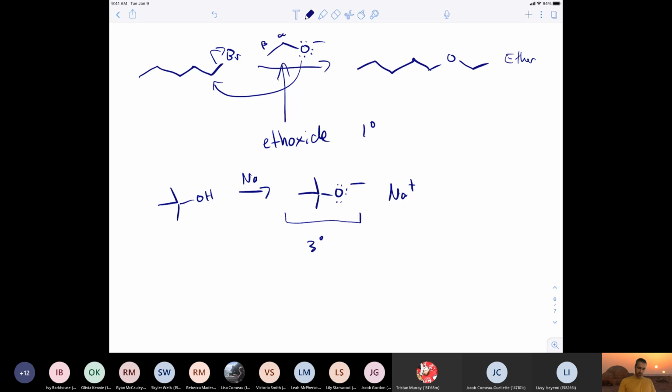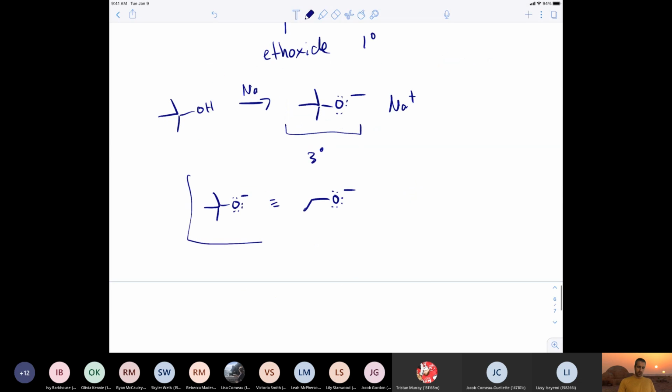So this is similar to this in terms of base strength, but this one is a particularly terrible nucleophile. So this is a bad Nu, strong base.